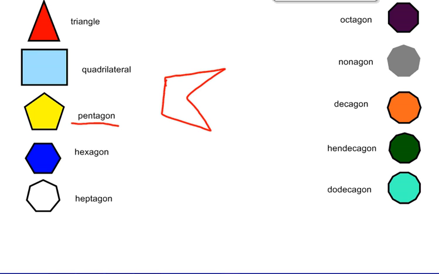The difference is our yellow shape over here, this is what we would call a regular pentagon, where all the sides are equal, all the angles are equal. And so the shapes you're seeing up here are, for the most part, regular shapes. Okay? So keep those ideas in mind.